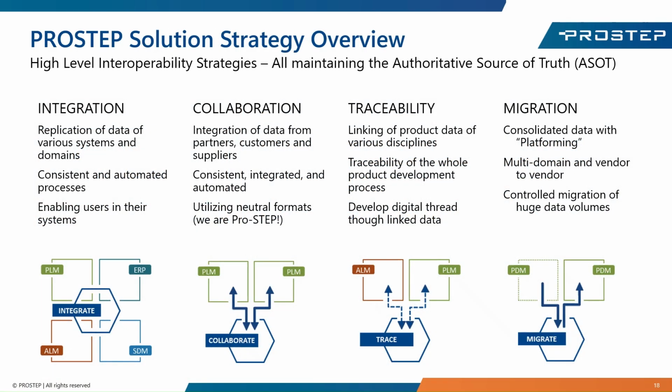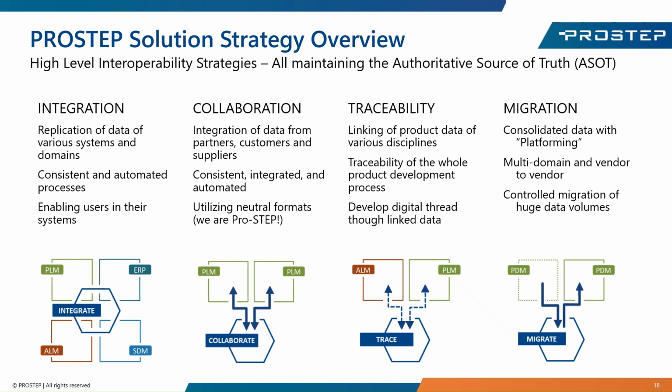The PROSTEP digital thread platform has 4 core strategies it uses for interoperability, and these correspond to the different products and brands that are within the platform itself. On the left, we've got integration, and this is your traditional replication of data between systems.